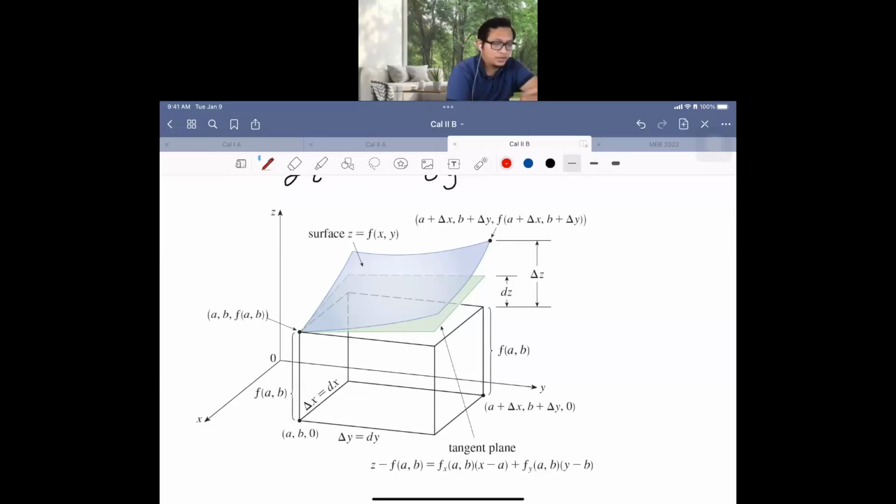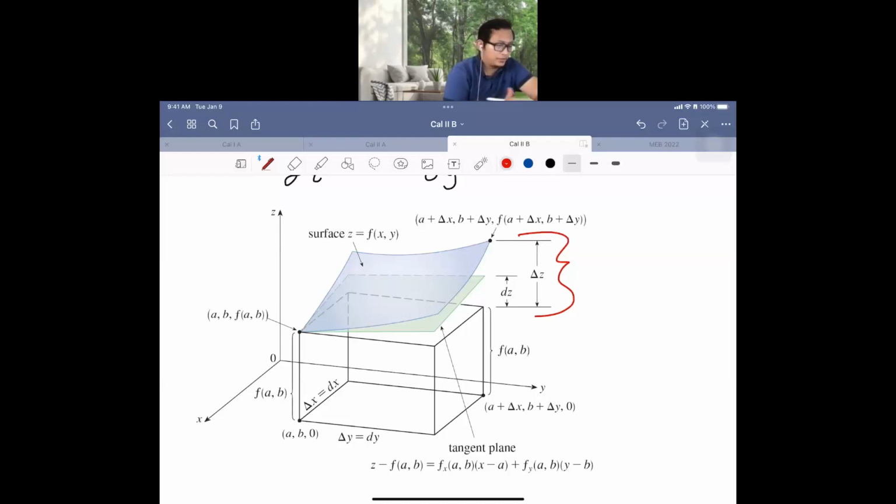And the dz is actually our tangent plane, let's say the linear approximation, right? The tangent plane. So I think the most essential thing is these two different distances for delta z and dz.